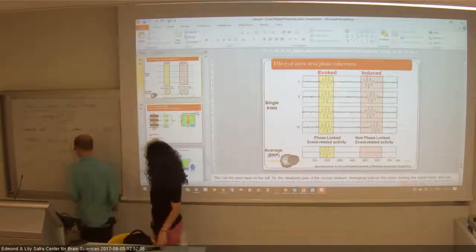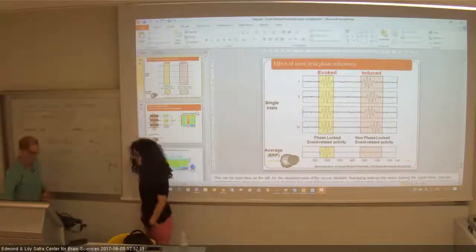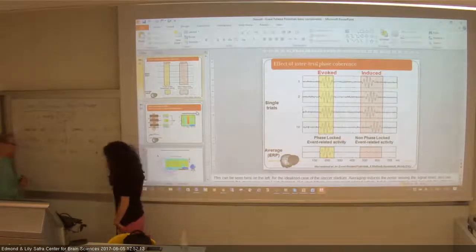הנה, אני אתן לך עוד דוגמה. עשינו ניסוי שבו... יודעת מה זה LRP?